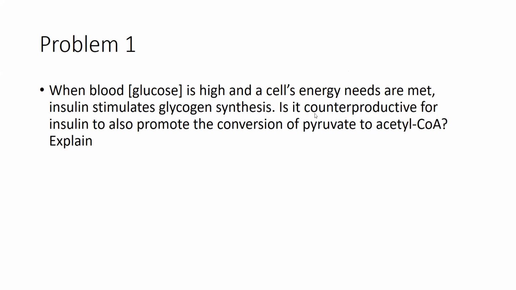It's because, and this is a concept that goes back to biochemistry 1, glycogen is made out of glucose. Glucose is made out of a bunch of carbons and OH groups.